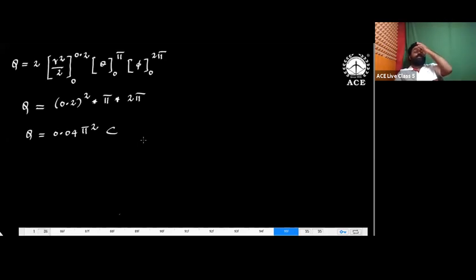Pi square is approximately 10. 10 into 0.04 is 0.4, something like that. Give me the exact value. How much is this?